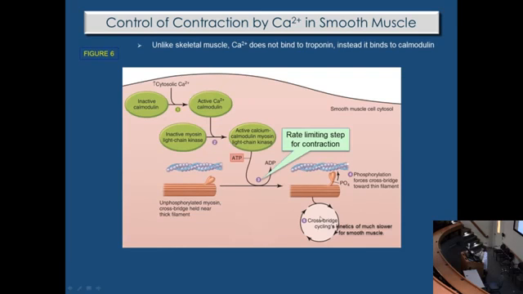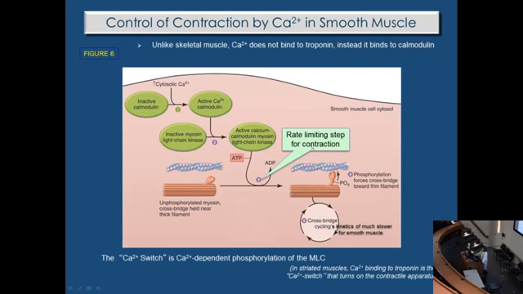Then you see that the rate limiting step for contraction is the phosphorylation of the cross bridges, as is illustrated here. So we can say that the calcium switch for contraction in a smooth muscle is calcium-dependent phosphorylation of the myosin light chain. And this is different than what we described for the striated muscle, where we said that the calcium switch is the calcium binding to troponin, right?